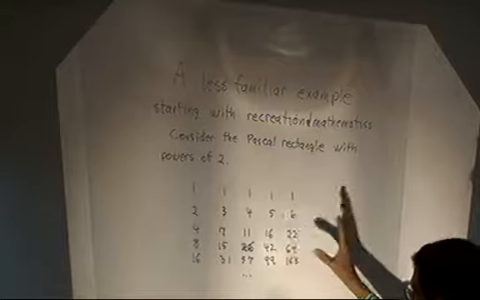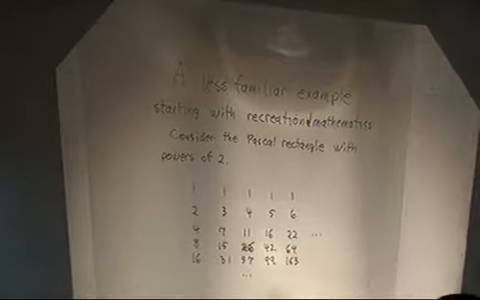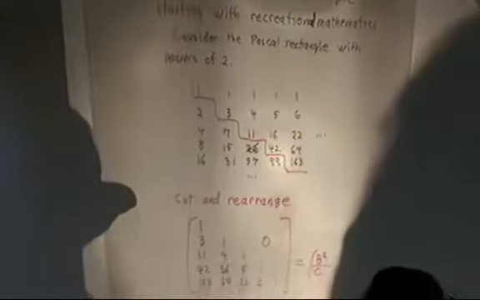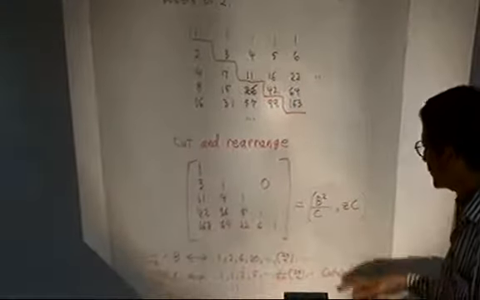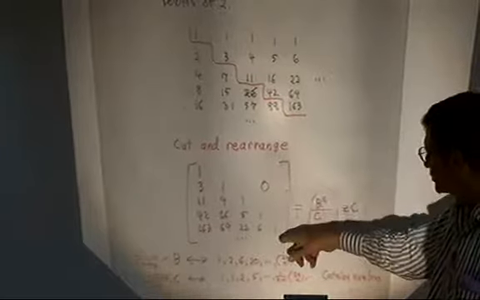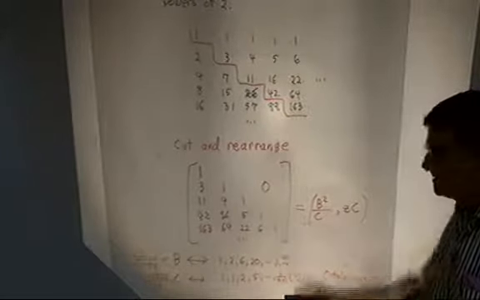Okay, so we have this rectangle, and we cut it. We look at the sequence 1, 3, 42, 163. And because we're interested in the Riordan group, we rearrange it.